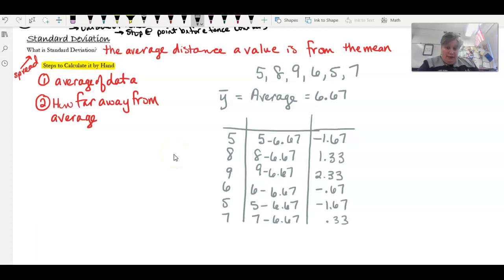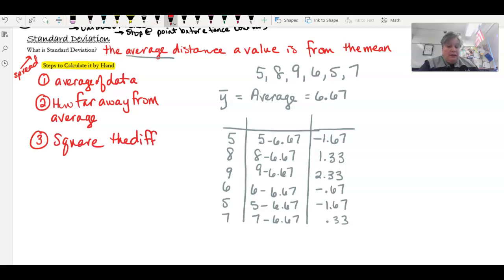Now, we found the difference, but again, it's the average distance something is from the mean. If I add up these numbers the way they are, some of the positives and negatives are going to cancel each other out and act like they're no distance. So what we have to do is square the difference.